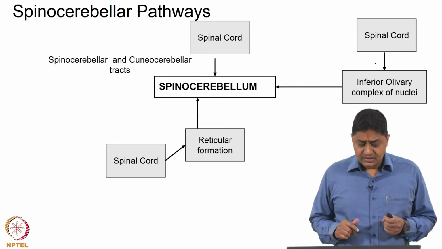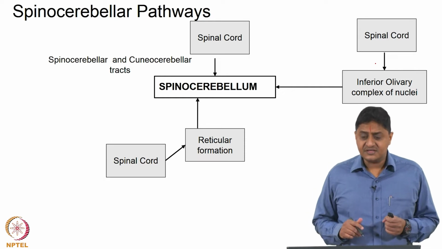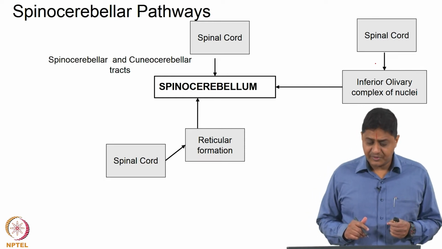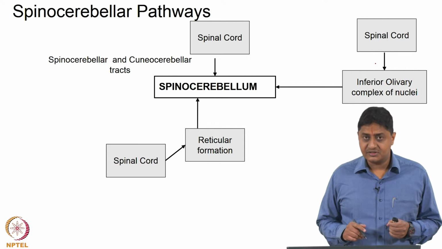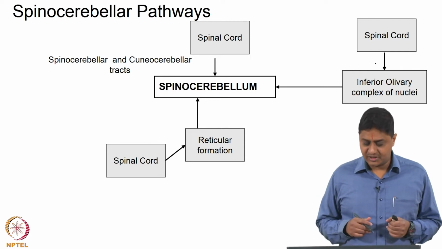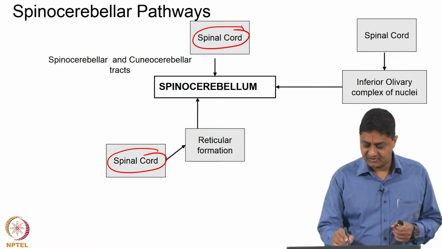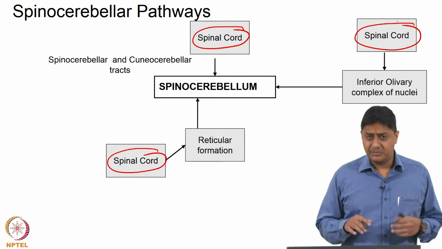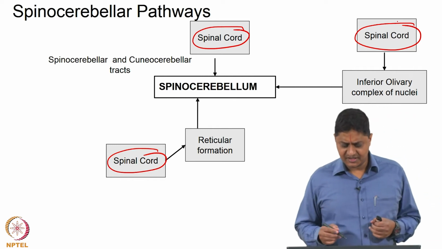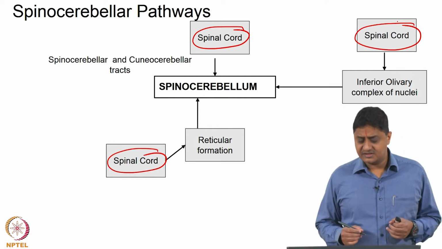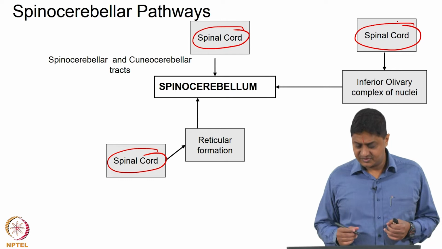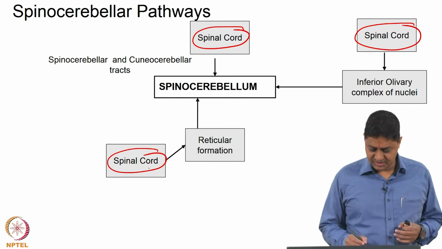Okay. So, when discussing how Spinocerebellum receives inputs, it receives inputs through multiple modalities. So, you see spinal cord in multiple places here, spinal cord, spinal cord, spinal cord. It is placed in 3 different places for convenience actually. So, that means the Spinocerebellum receives input through multiple pathways.